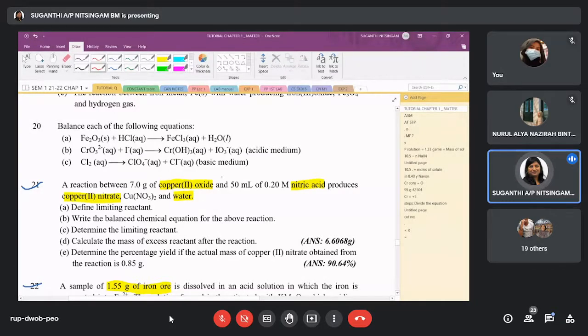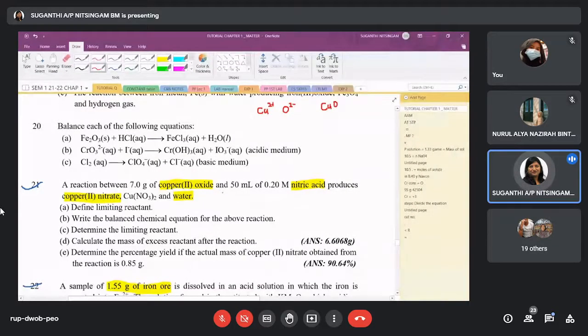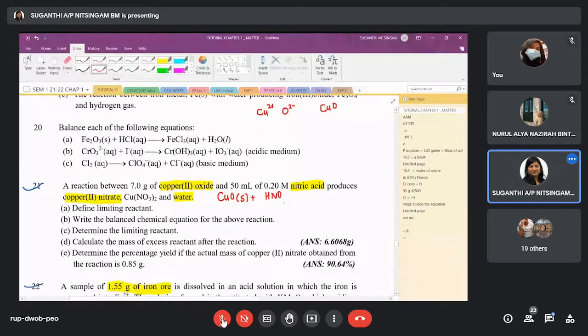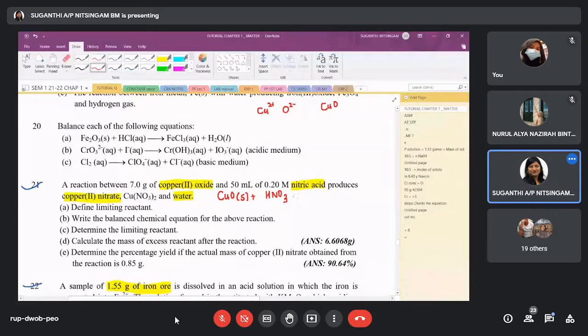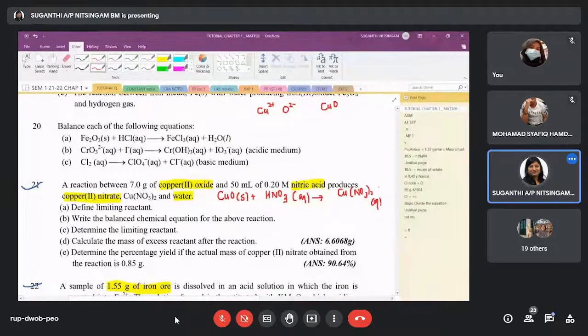Bila dia sebut copper 2 oxide, sebab copper ni dia ada lebih dari satu, that means it's Cu2+ and O2-. So bila dia gabung, dia akan jadi CuO. Macam ni. So when we write CuO, ini reacts with acid nitric, HNO3, produces copper nitrate plus water, H2O, liquid.